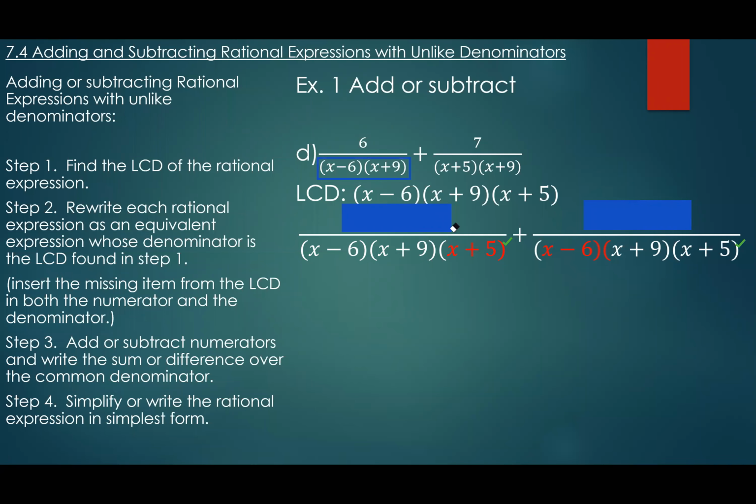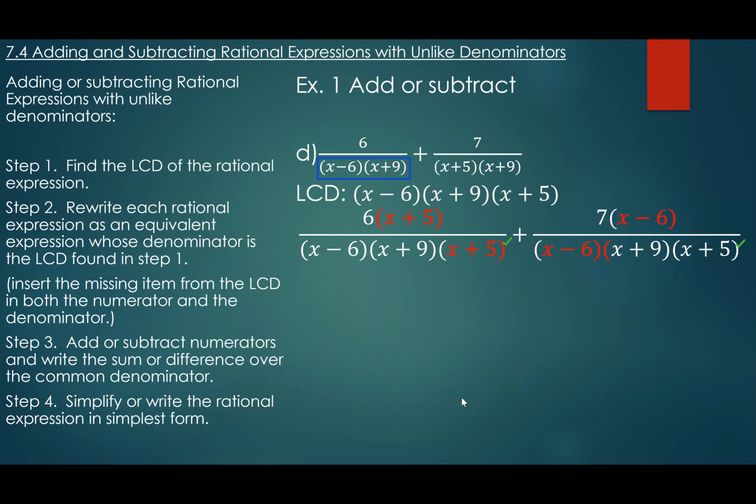And if we insert the x plus 5 on the denominator, we need to be fair and insert the x plus 5 on the numerator. Same thing: how did we change x plus 5, x plus 9 to become x minus 6, x plus 9, x plus 5? Again, all we did was insert the x minus 6. And if we insert the x minus 6 on the denominator, we need to insert it on the numerator.